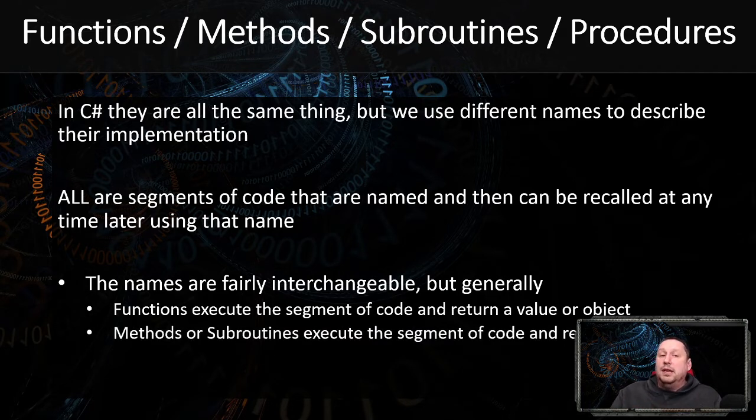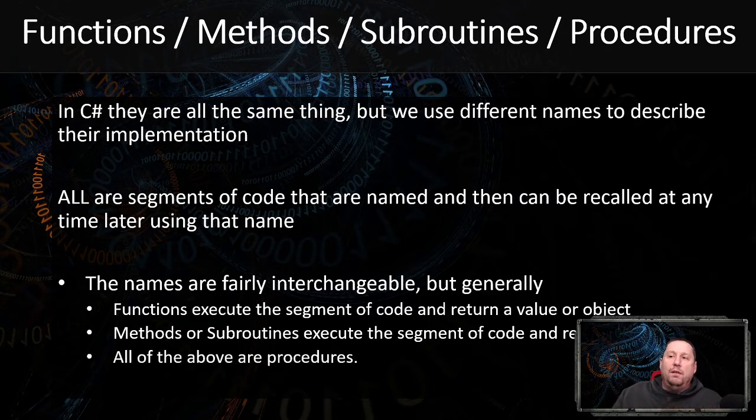A method or a subroutine is also a procedure, and they execute a segment of code, but they don't return anything. That's why we typically use the word void with them, because they don't return anything. They return the void, okay? All of them are procedures. So procedure is sort of the general term above functions and methods.